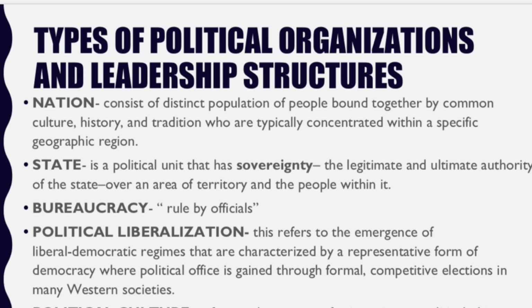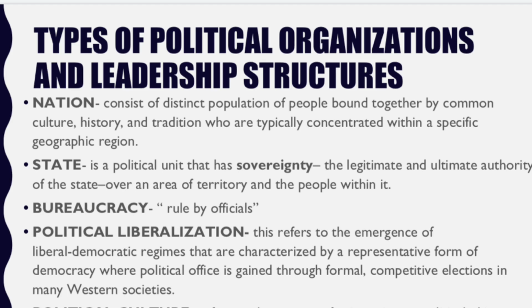Next, we have political liberalization. When we say political liberalization, this refers to the emergence of liberal democratic regimes that are characterized by a representative form of democracy where political office is gained through formal competitive elections in many Western societies. Thus, institutions such as political parties emerge.